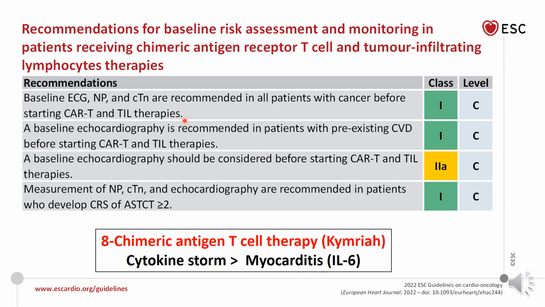So again, baseline assessment with echo and biomarkers is essential, and if we are suspecting such a side effect, myocarditis, depending on this score, which is the release from the American Society of Transplantation and Cell Therapy for diagnosis of cytokine release storm, if more than 2, we should do echo and biomarkers for this patient and start treatment with pulse steroid.